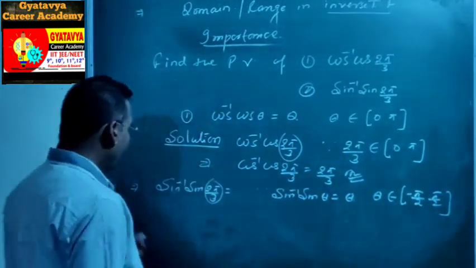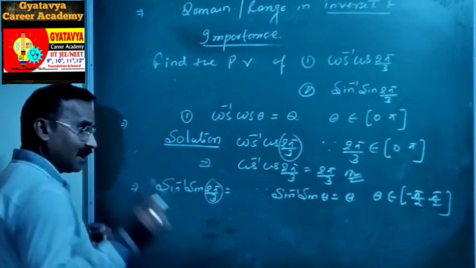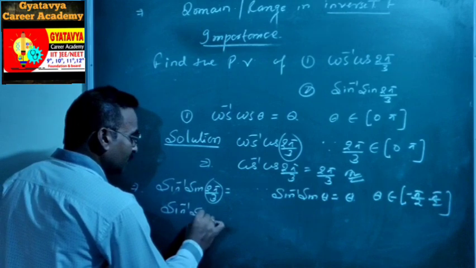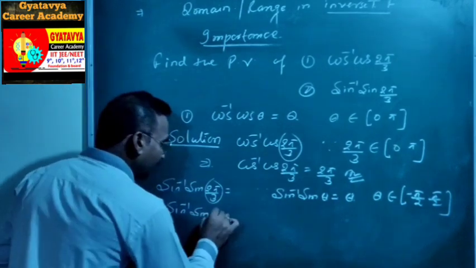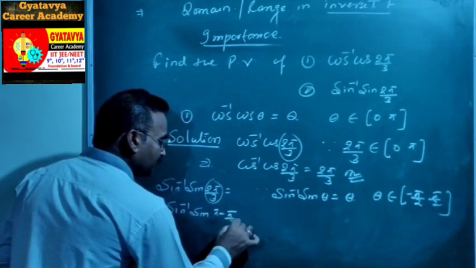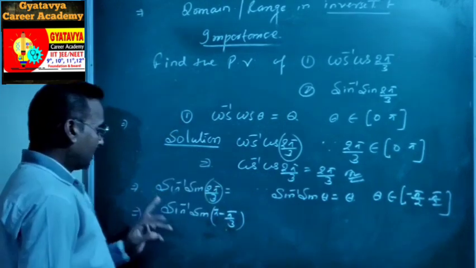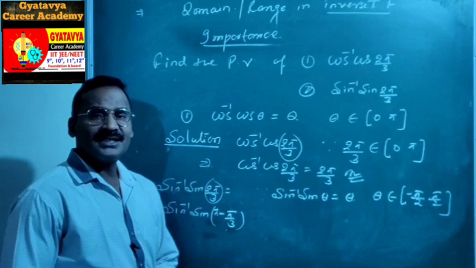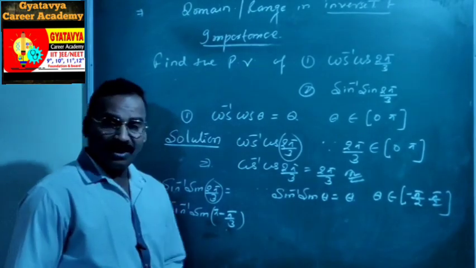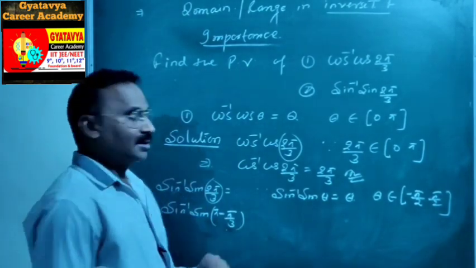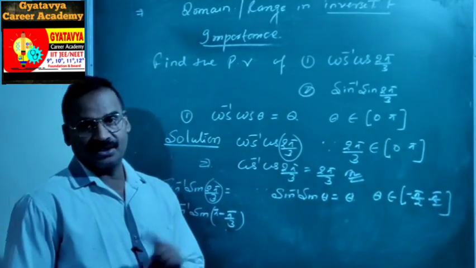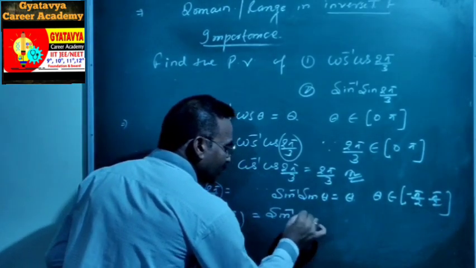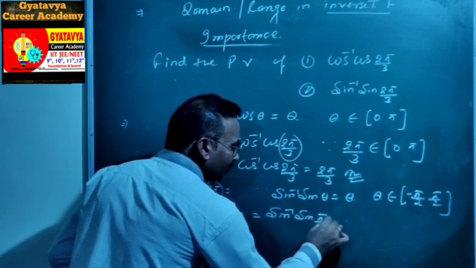So what should it be? As in class 11th, we can write sin inverse sin 2 pi by 3 as pi minus pi by 3. Sin inverse sin 2 pi by 3 is equal to pi minus pi by 3. Just remember one thing: what is the value of sin pi minus theta? So sin pi minus theta gives the value sin theta. Okay, so sin inverse sin pi by 3.